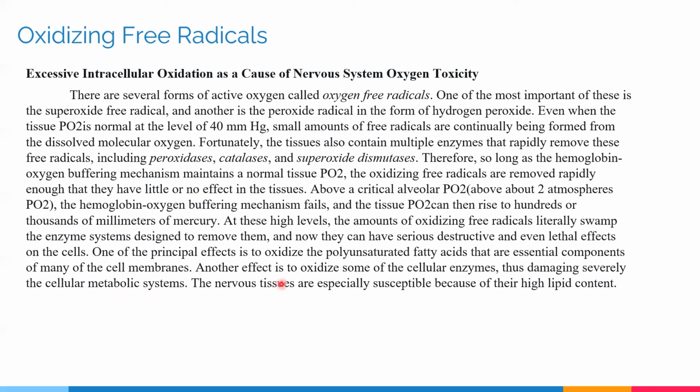Another effect is to oxidize some of the cellular enzymes, thus damaging severely the cellular metabolic systems. The nervous tissues are especially susceptible because of their high lipid content. And thus, one of the major parts of oxygen toxicity is due to these oxidizing free radicals.